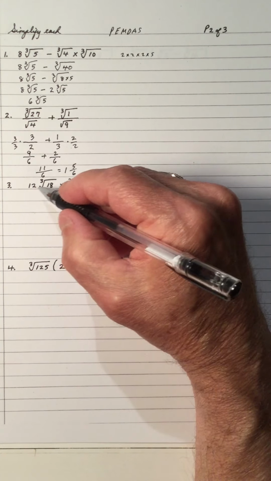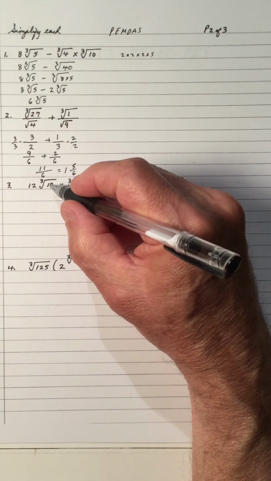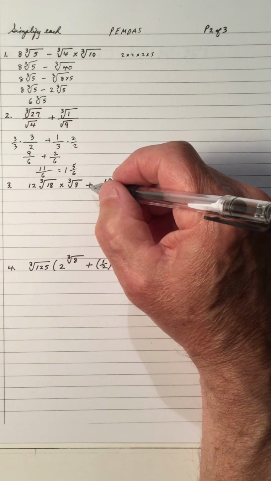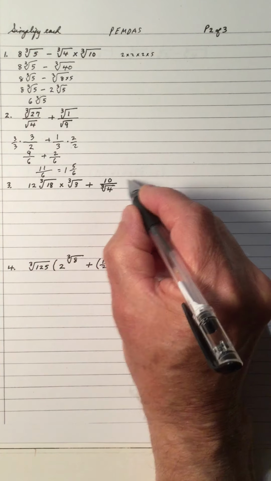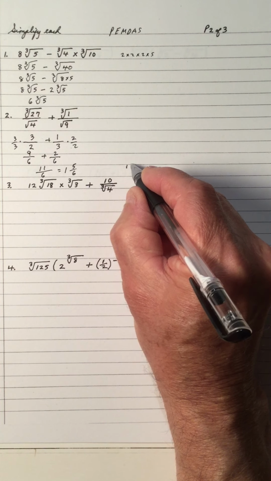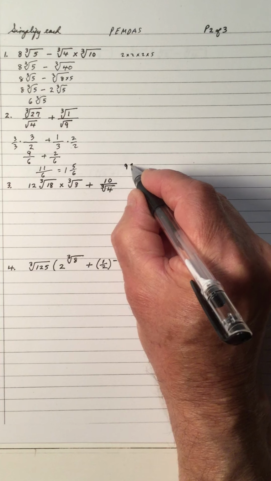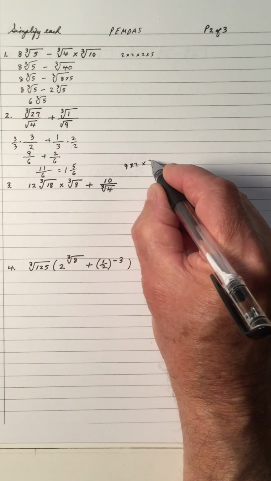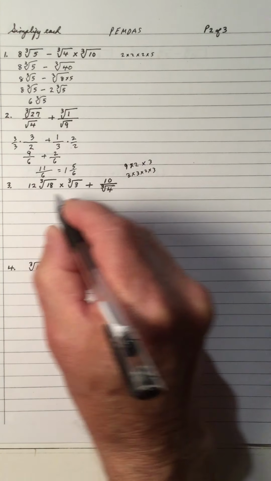And again, PEMDAS, and this one, we have a multiplication, addition, and a division. So we will multiply, we will divide, and then we'll add last. And when we simplify this, again, we have an 18, which is 9 times 2. And we have a 3. So that's a 3 times 3 times 2 times 3.